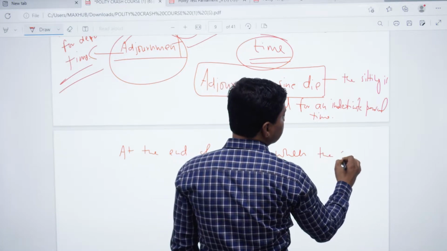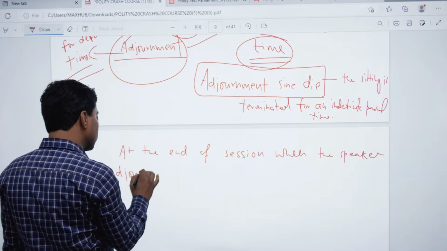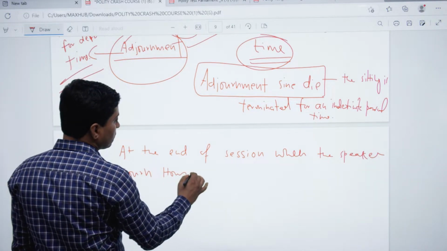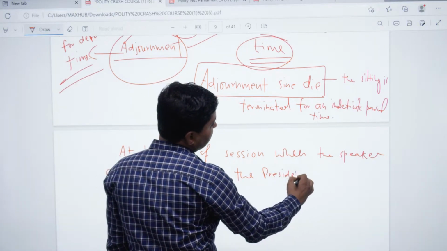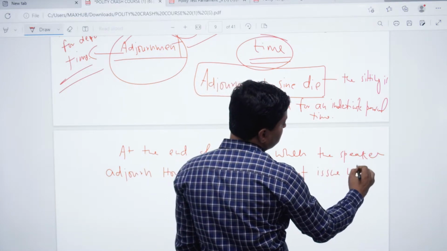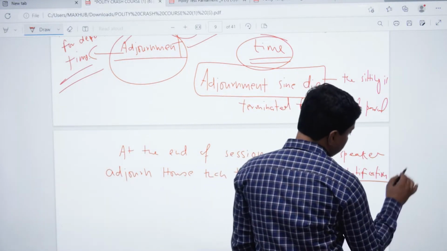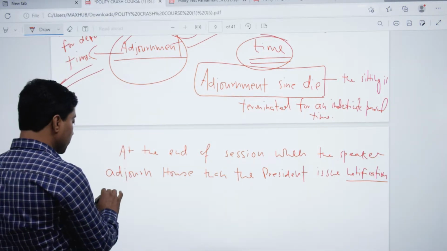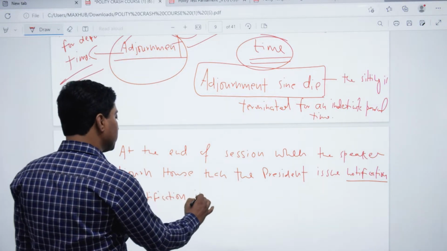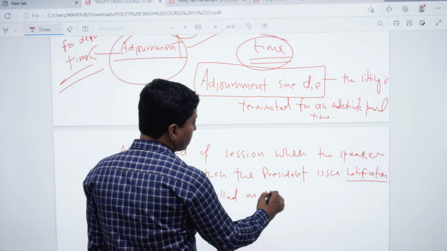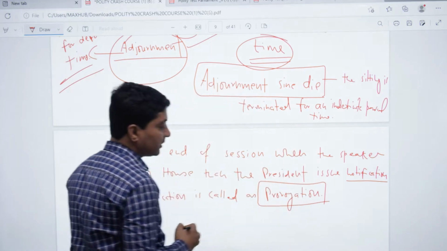When the speaker adjourns the house, then the President issues a notification, and this notification is called prorogation. इस issue को prorogation कहते हैं.